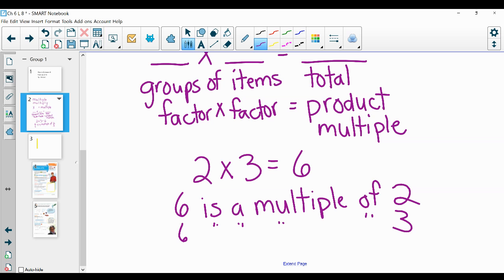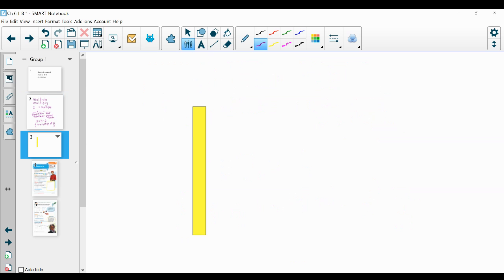Let's talk a little bit about place value, because in order to be successful with this lesson, you need to understand place value. This is a tens bar.